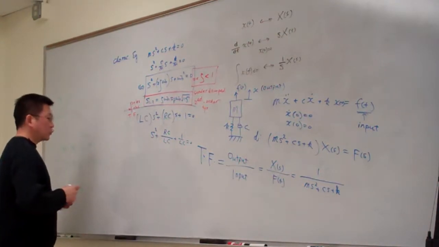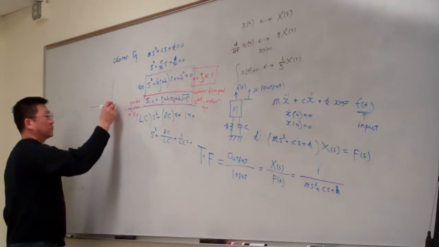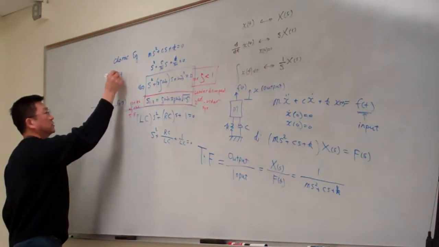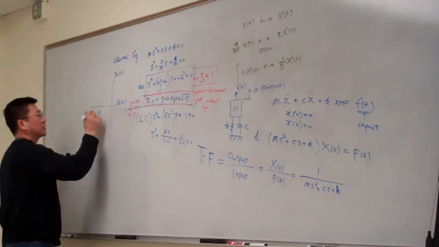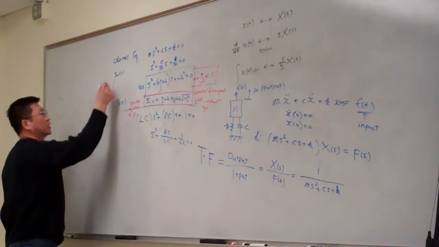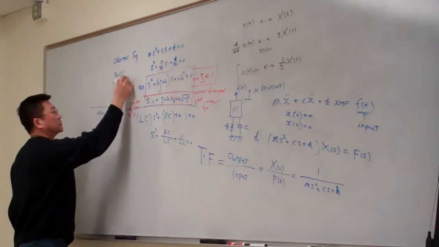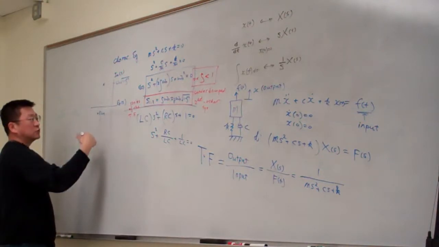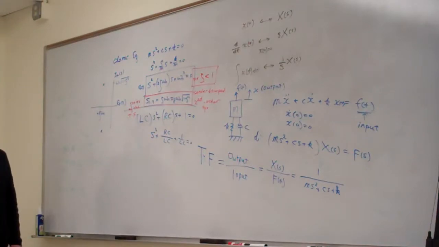So for this one, we draw this root on the complex plane. This is the real S, and this is the imaginary S. So here we label it. This is the location minus zeta omega n. So this is omega n times the square root of 1 minus zeta squared. So basically one pole is here, and due to complex conjugate, the other one is here due to symmetry.